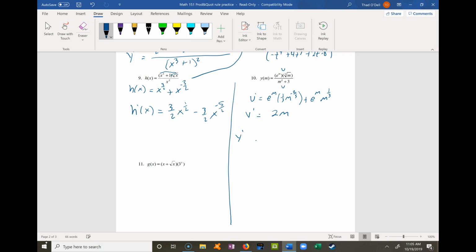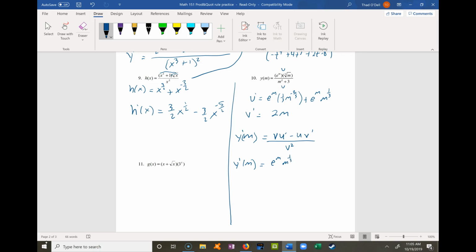So now when I go to calculate the derivative of y, I know that I just need low d high minus high d low all over low squared. And since I already have all the u prime and the v prime calculated, really all I'm doing now is just plugging these things in. So v, we know, is e to the m times m to the 1/3.